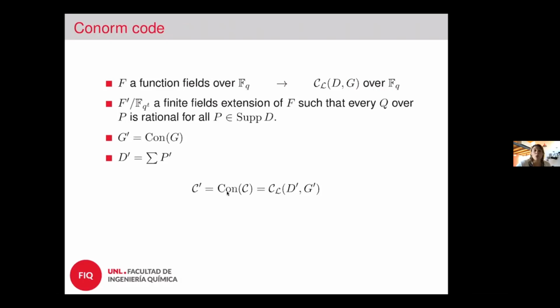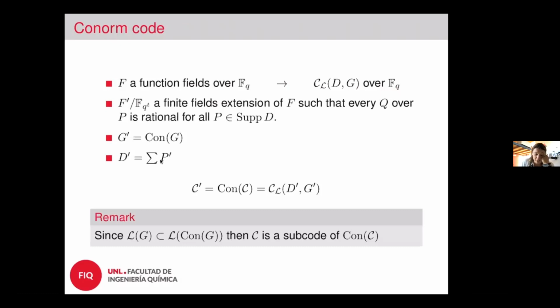And we now have this conorm code, which is, well, for G, I will use the conorm of the divisor G. And as the divisor D, I'm going to sum all of the places above all the places in the divisor D. You can think if in D you have, for example, all totally splitting places, then you sum all of that, and that's the conorm of D. But that's not necessary. We are just taking all of them, but this is exactly the conorm of D if the places in the support of D are totally splitting.